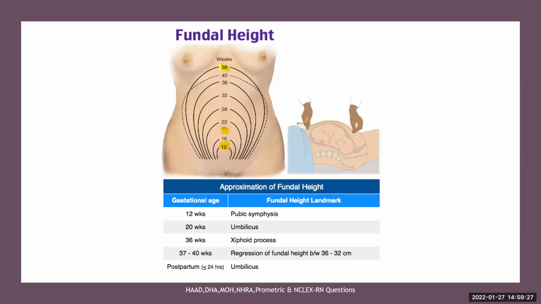At the 36th week of gestation, it is at the xiphoid process. At the 38th week of gestation, there is regression of the fundal height. Normally at 38 weeks, it either comes down or stays just below the xiphoid process, and at 38 to 40 weeks, usually it comes down. Okay, so please remember.